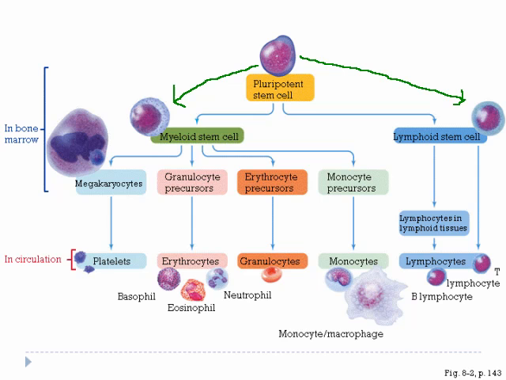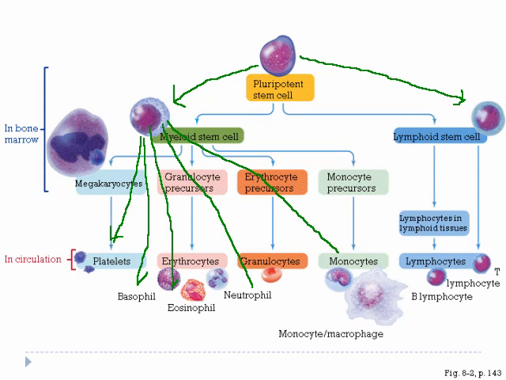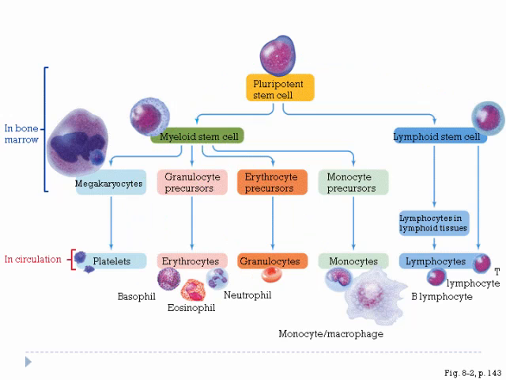And so this is the first step to being committed down one of these pathways. Now, the myeloid stem cell can still become platelets or basophils or eosinophils or neutrophils or monocytes. But a myeloid stem cell cannot become a lymphocyte. So that's the first step toward becoming one of these specific cell types, to differentiate either into this myeloid stem cell pathway or this lymphoid stem cell pathway.